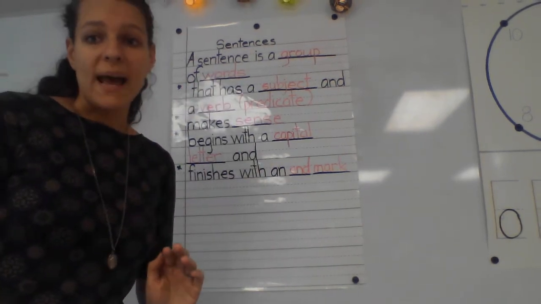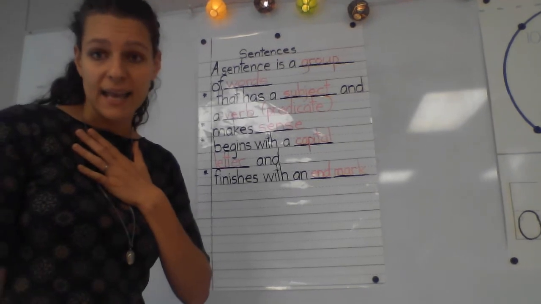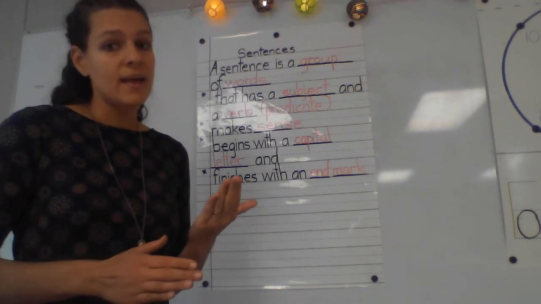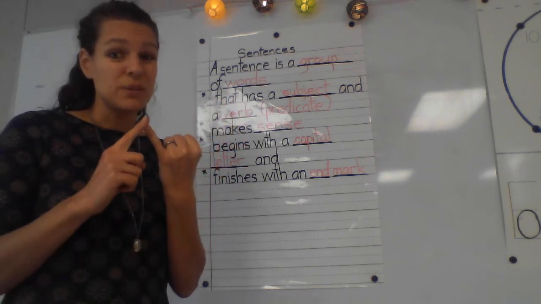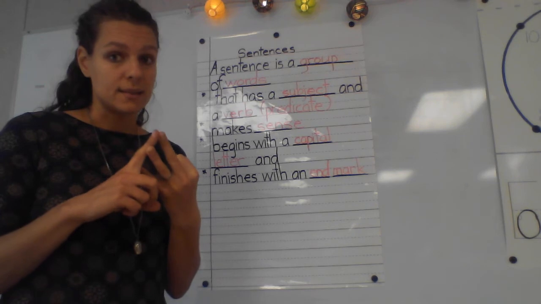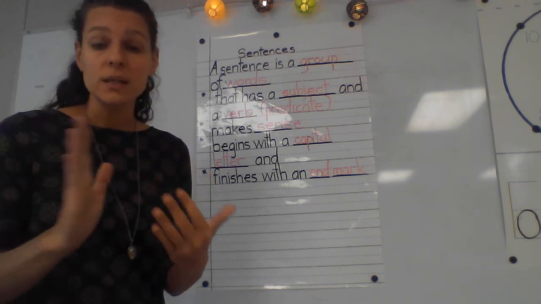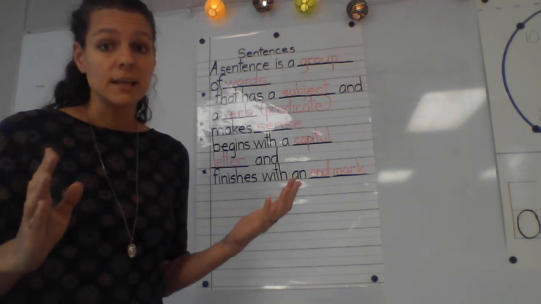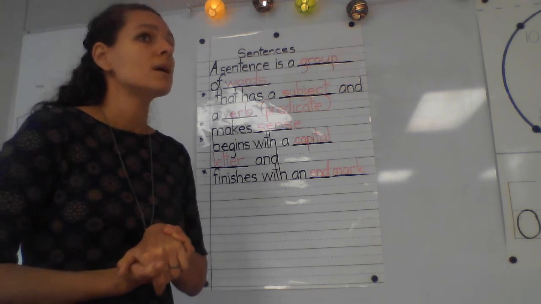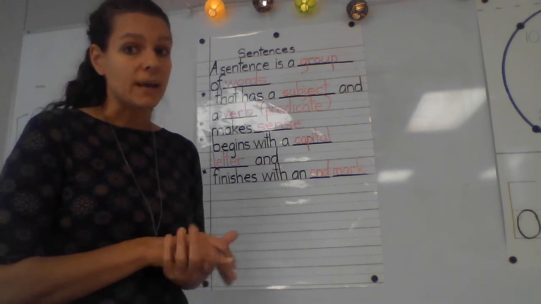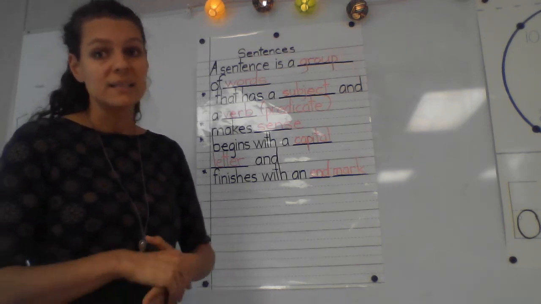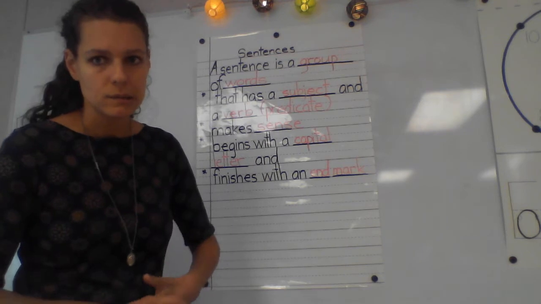All right. Now, one really quick word about this. If you are writing a sentence that I give you, and you write every word, then it will have a subject, and it will have a predicate, and it will make sense. Now, of course, you still need to make sure that you write every word I gave you. If I give you the sentence, the cute bunny is sleeping, and you forget the word bunny, and you say the cute is sleeping, does that make sense?